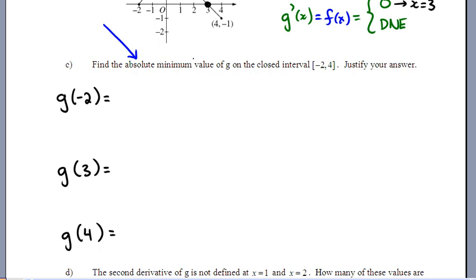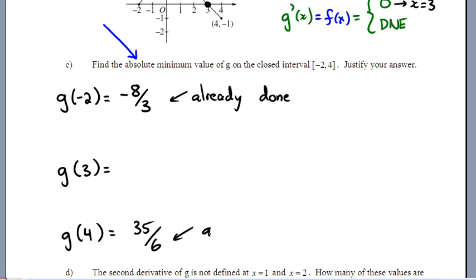Well, we've already done a couple of these on the previous page. In part A, we found G of 4 and G of negative 2. They're totally done, so we can steal those answers. G of negative 2 was negative 8/3. And G of 4, I think we got 35/6 or something like that. Already done.